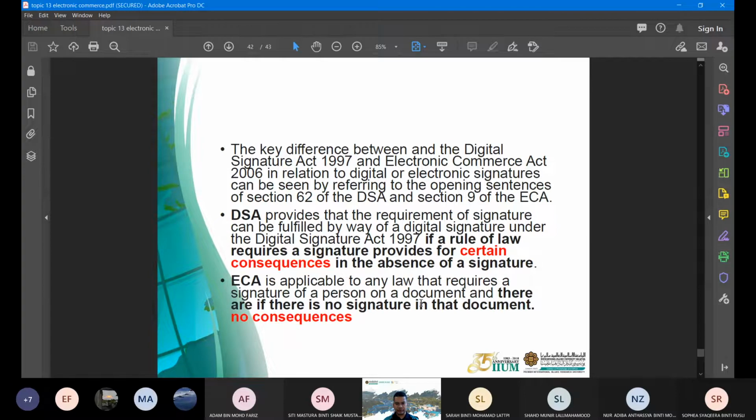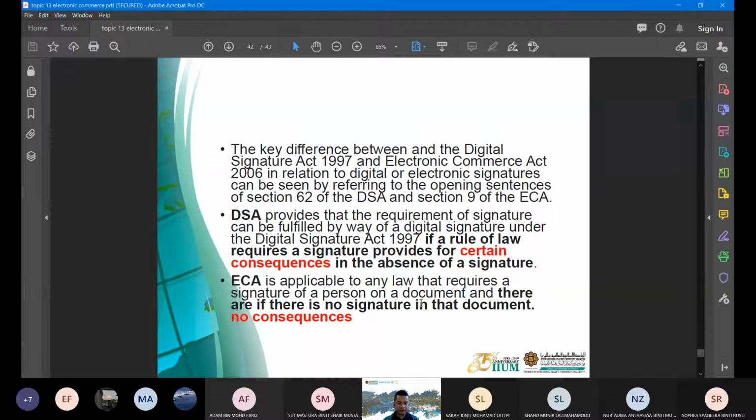So the key difference between Digital Signature Act and Electronic Commerce Act can be seen by referring to the opening sentences. DSA, Digital Signature Act, provide that requirement of a signature can be fulfilled by way of a digital signature under the DSA if a rule of law require a signature or provides a certain consequences in the absence of a signature.